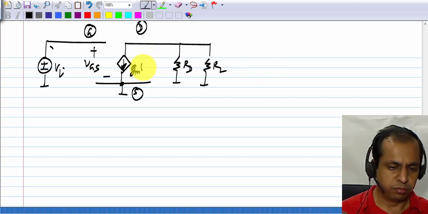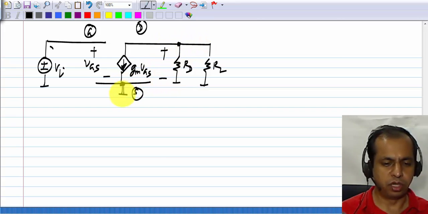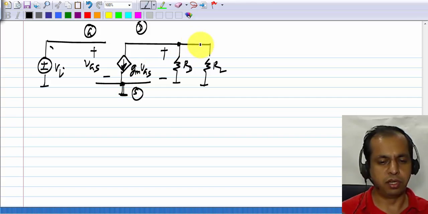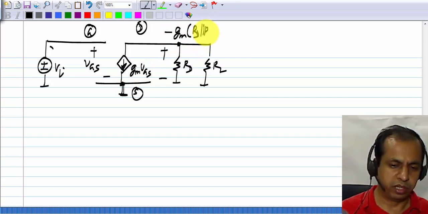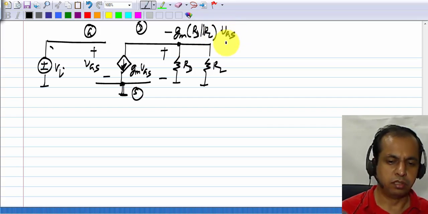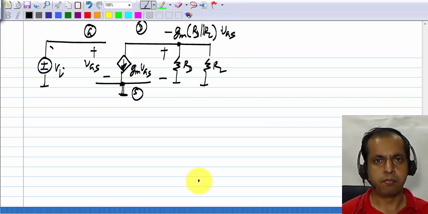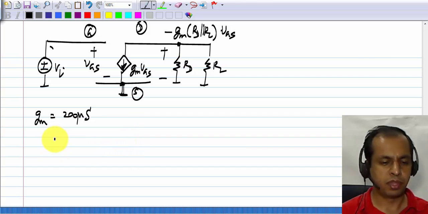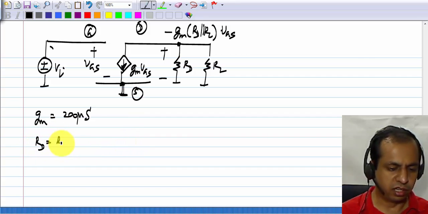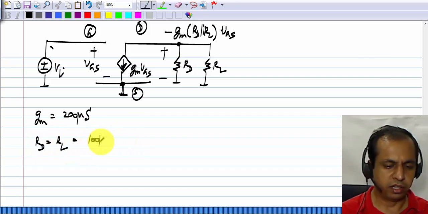So this is gm VGS, and the drain voltage with respect to ground, which is the small signal ground, is minus gm times RD parallel RL times VGS. In this particular case, gm is 200 microsiemens and RD and RL are 100 kilo ohms.